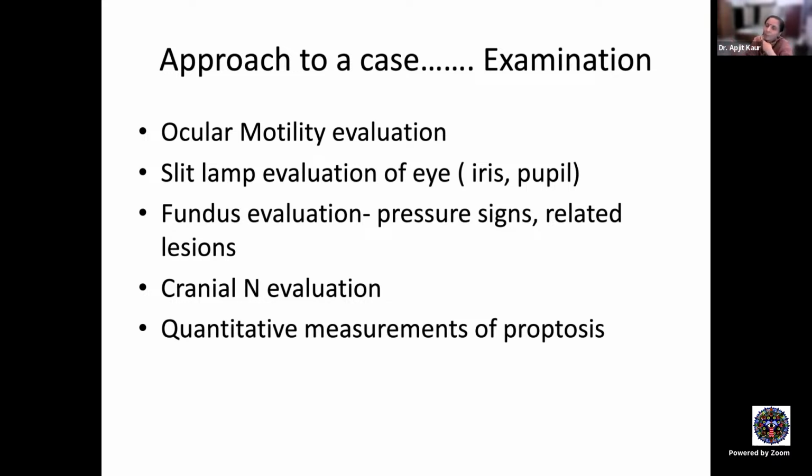Where do the central retinal artery and the venous system enter the optic nerve? One centimeter anterior to the optic foramen, right? So if the tumor is arising from the posterior part, you will get a primary type of atrophy.